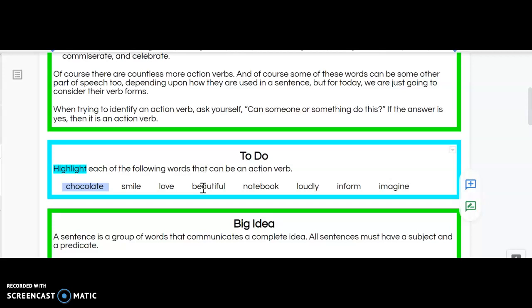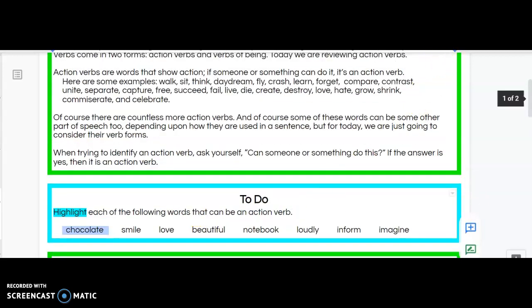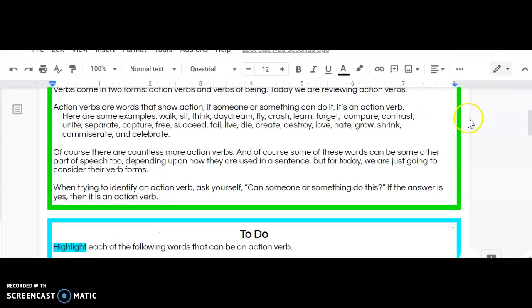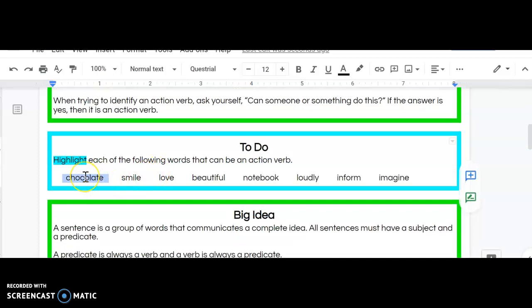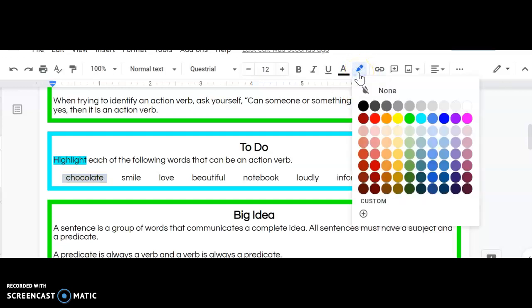If you're not sure how to highlight, I can walk you through that real quickly here. So if you go up to your little menu at the top, let's say I decided chocolate was indeed something that someone can do. So I just click and drag, right, and get it temporarily highlighted. And then I can go up to this little paintbrush thing. I guess it's a highlighter. Makes more sense than a paintbrush.